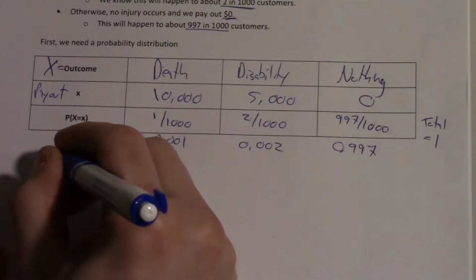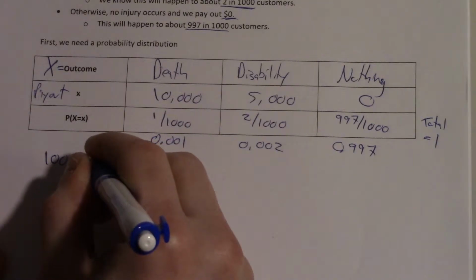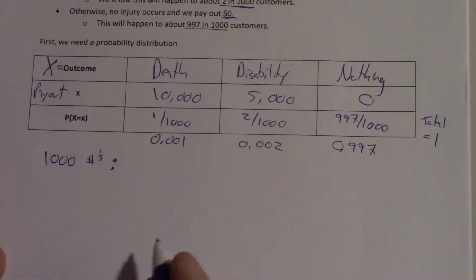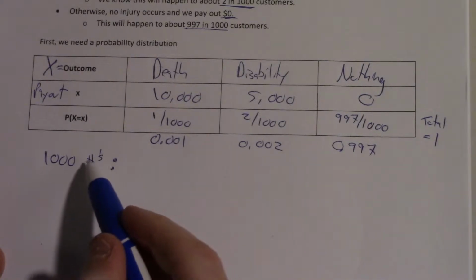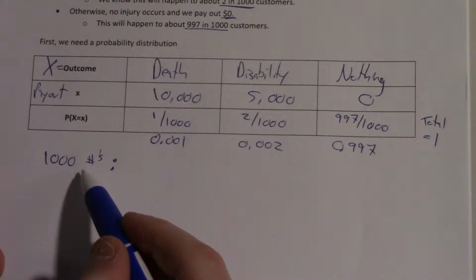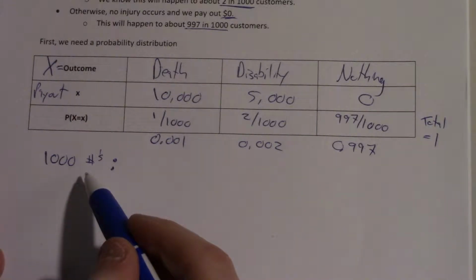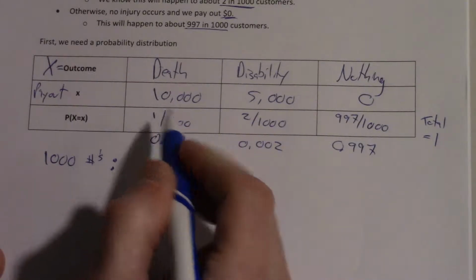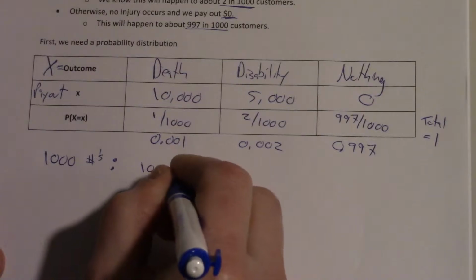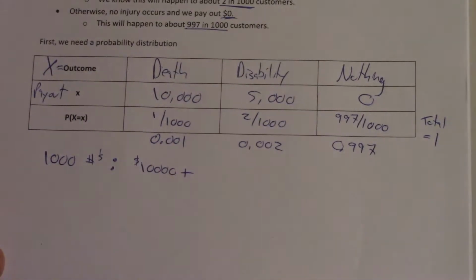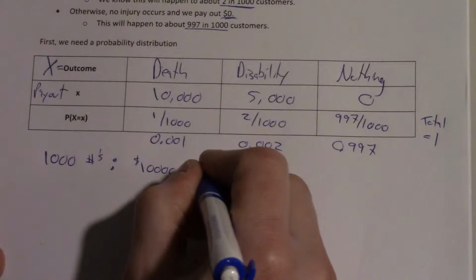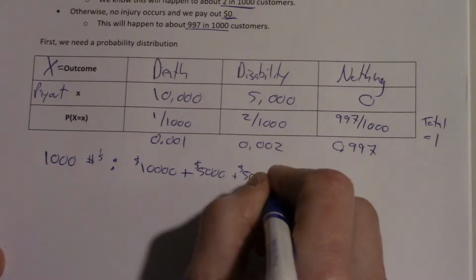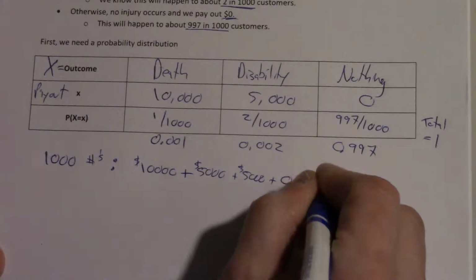So what we'll do is imagine that we have 1,000 numbers, 1,000 spaces to fill, and those represent our customers. So each customer is going to receive some amount of money. We know that one of those will get $10,000. Two of them will get $5,000. And then the rest get 0.